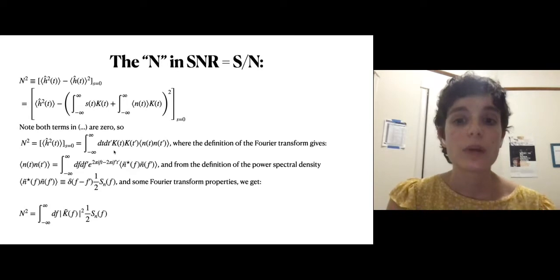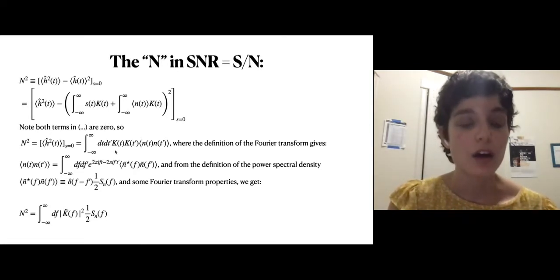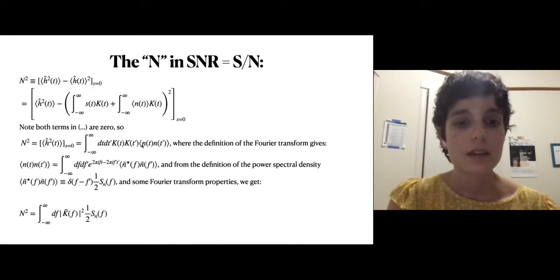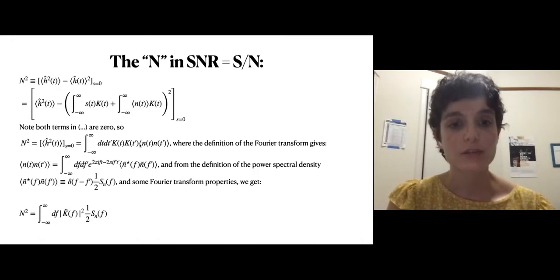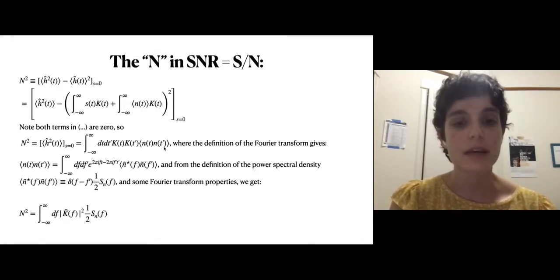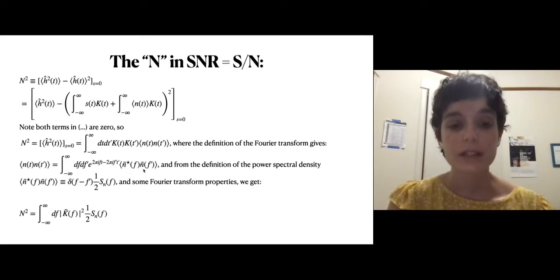And we can apply a Fourier transform to this n(t) times n(t prime), the expectation value over different noise realizations. And this is just the definition of a Fourier transform. So we've written it in terms of the frequency domain noise.